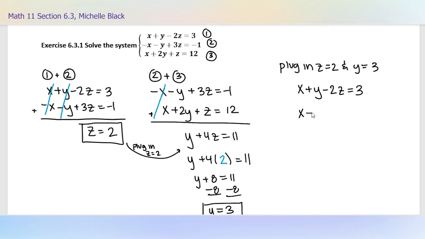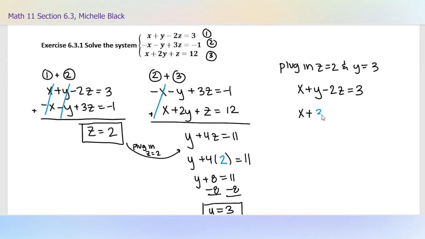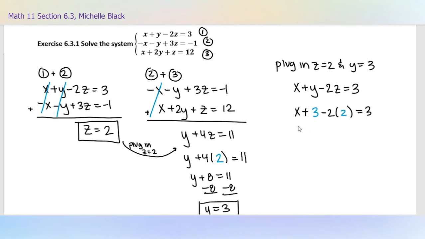So I have x plus y, which is 3, minus 2 times z, which is 2, and this should equal 3. I'm going to solve for x. I have x plus 3 minus 4 equals 3. That's x minus 1 equals 3. Add 1 to the other side, and we get x equals 4.